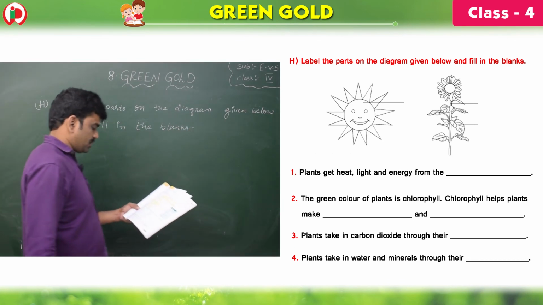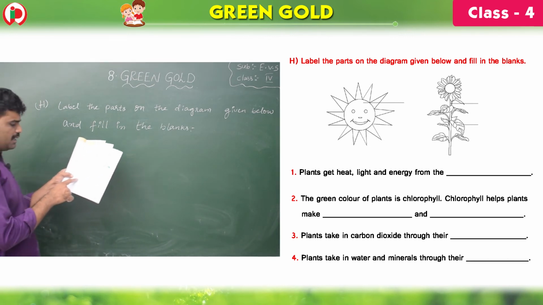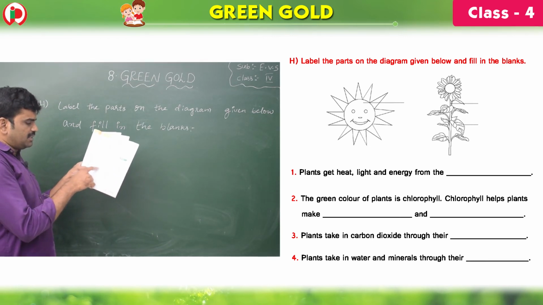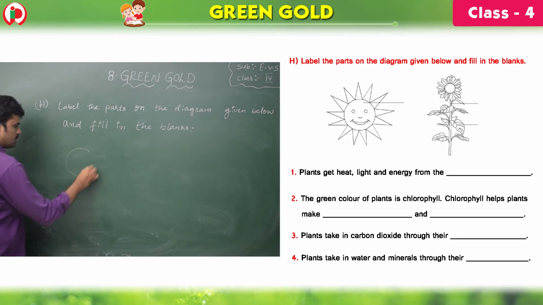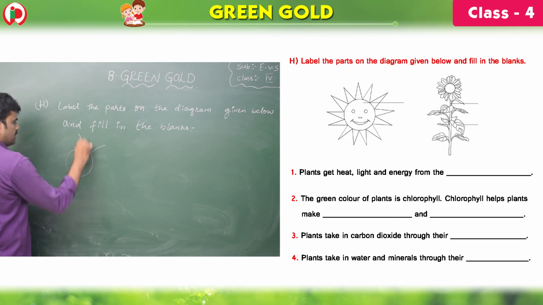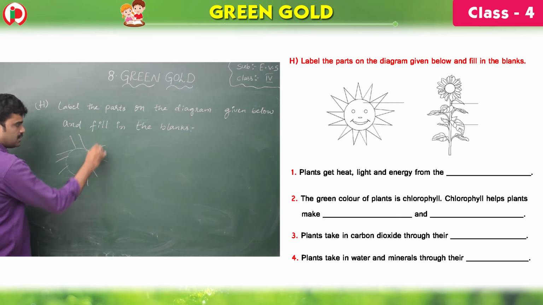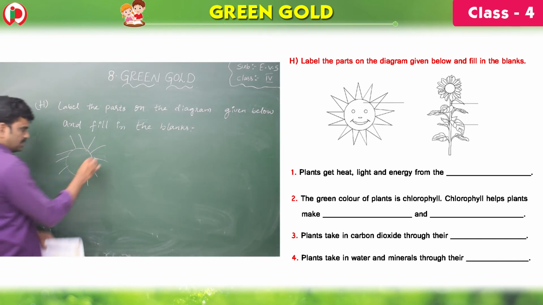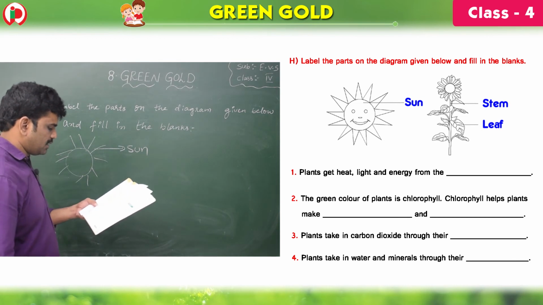So here, what is the part here? Children, it's very easy. First one is sun, children. This is a rough diagram drawing. What is this part? This is sun.